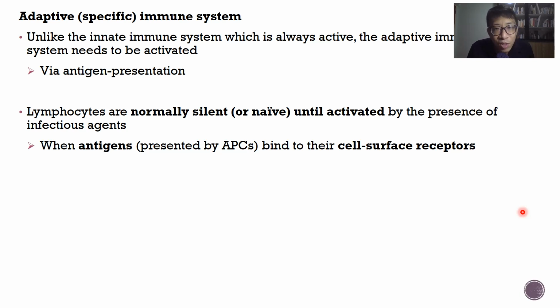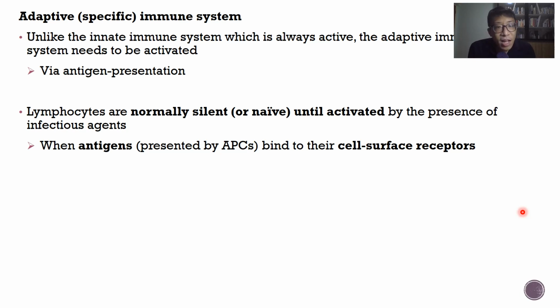Let's move on to the adaptive immune system cells being usually not very active, but they require activation. In the previous recording, we looked at how the activation comes about, and that is via the presentation of antigens by the antigen presenting cells.